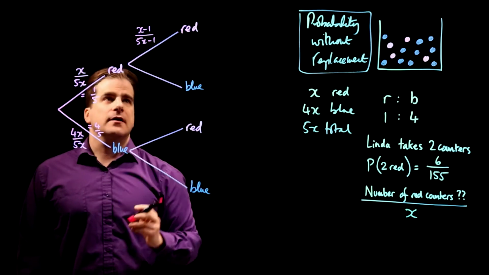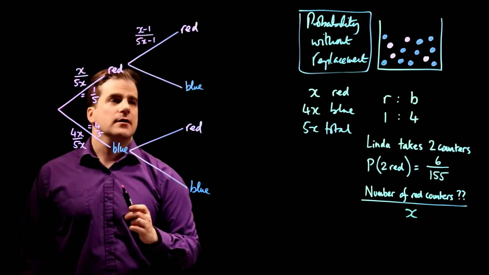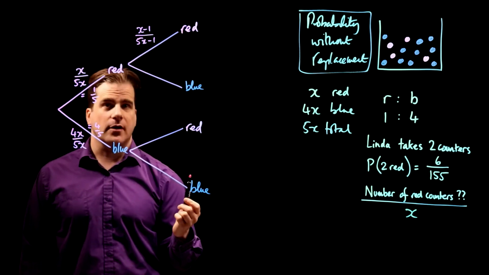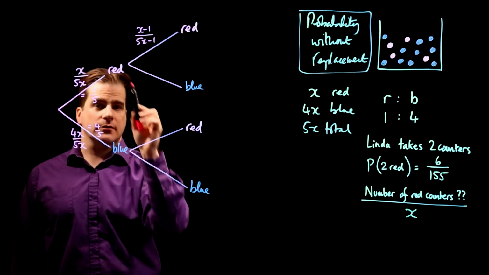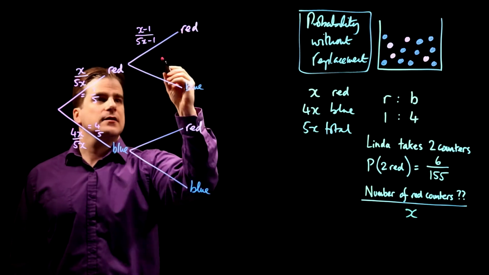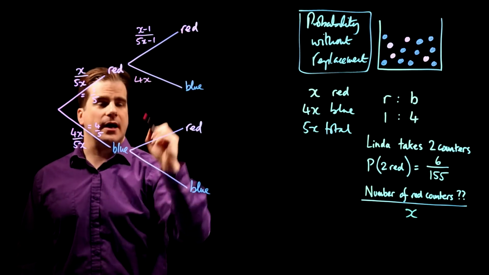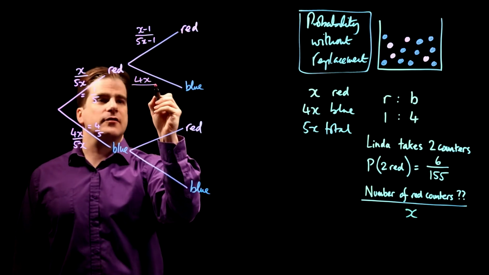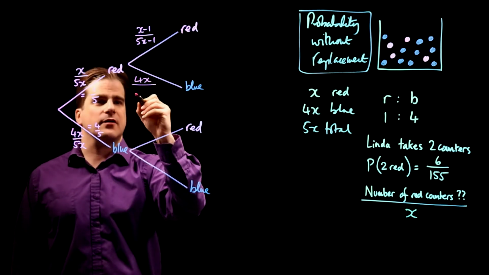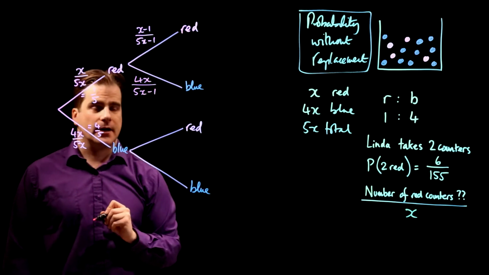Probability of choosing a blue counter with the second pick. How many blue counters in the box? We chose a red one with the first pick, so all the original blues are still there. So there are 4X blue counters in the box, out of a total, we've already taken one counter out, of 5X minus 1.